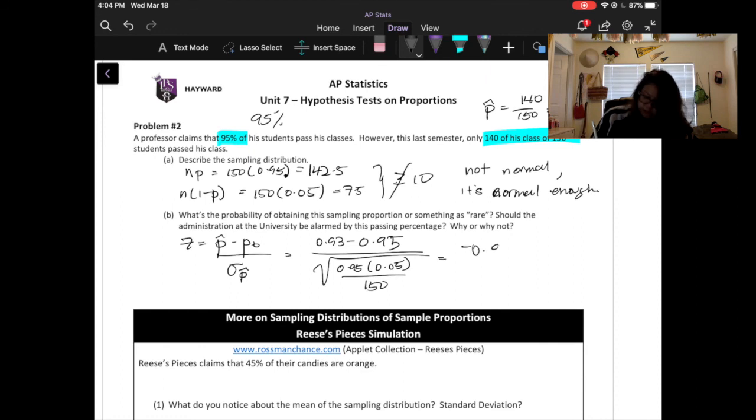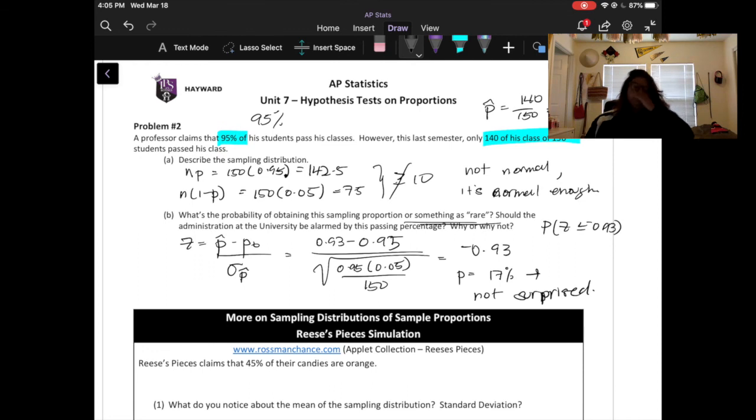This gives me a z-score of negative 0.93. And since we want something as rare, this means that we're doing P of z is less than or equal to negative 0.93. So in this case, we get p equals 17%. So I'm not surprised. Right? If we're using the 5% rule, I'm not surprised by this. Okay. That's all for today.